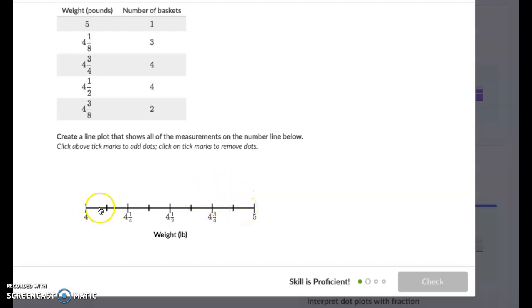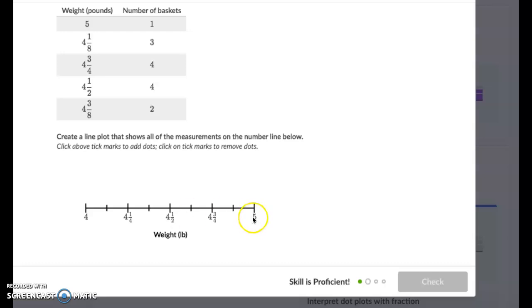That means each little hash mark here means 1/8. So this is 1/8. This would be 2/8, but if we simplified 2/8, it would be 1/4. So it's really the same. 3/8, 4/8, and 4/8 is 1/2. So that makes sense. Now we can go ahead and put our dots on the number line.